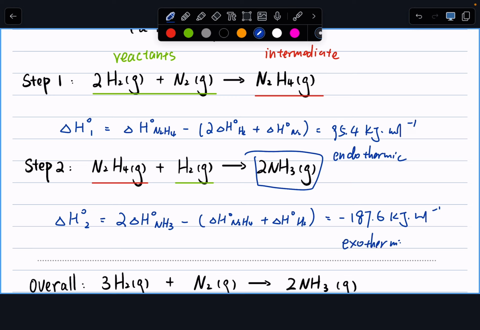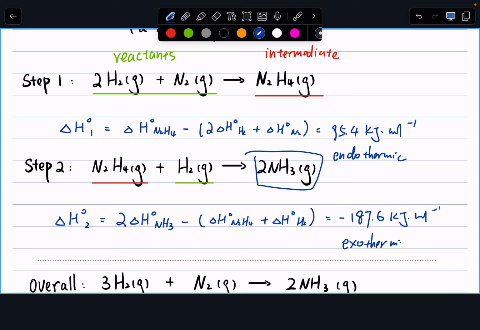The other way to put it is if we look at this kind of figure, the energy profile, we start with our first reaction. Reaction 1 goes from my reactant to product, so 2H2 plus N2, and we have delta H1 naught equals 95.4 kilojoule per mole.